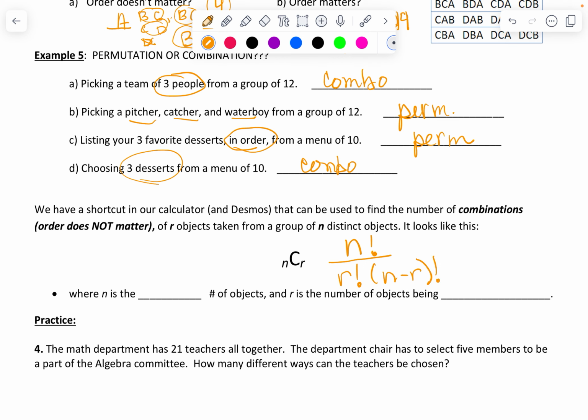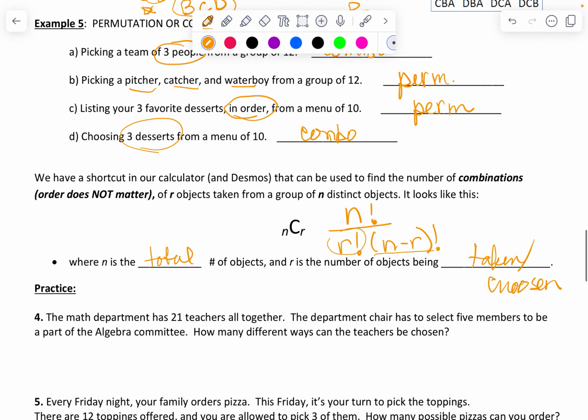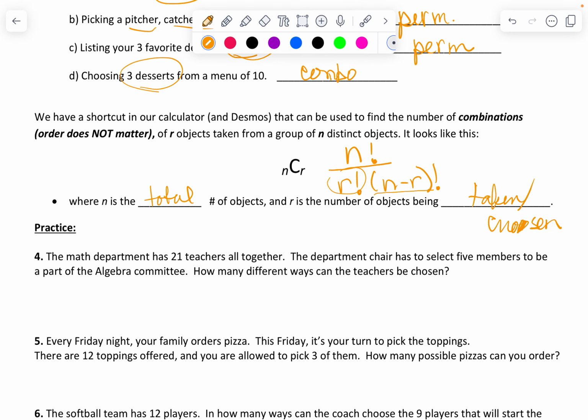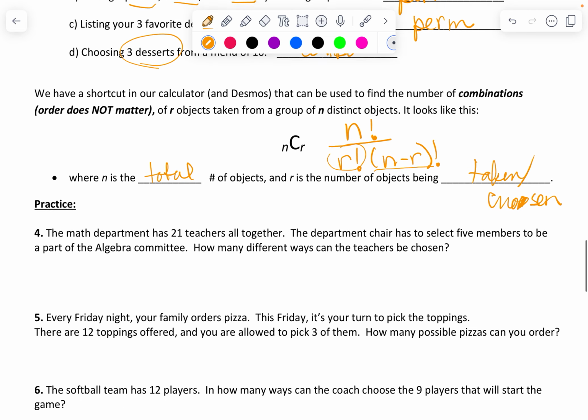So if you have 3, 1, 2, 2, 1, 3, this takes out the repeats of all the different types of combinations. Okay? So N is the total number of objects, and R is the number of our objects being taken or chosen. Okay? Only one O in chosen. Okay, so now let's look at some problems.